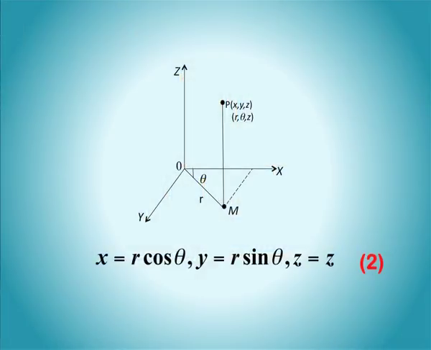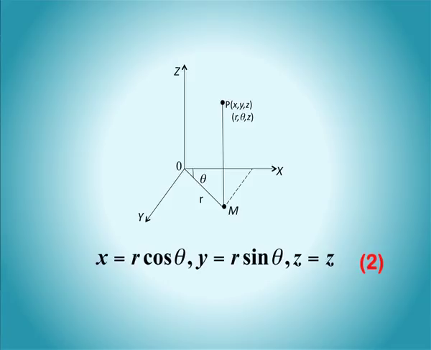P is a point x, y, z, as shown in this diagram, the 3 Cartesian coordinates. Now in the notation r, theta, z, r is the distance between O and M, and theta is the angle as shown, XOM is theta. The line from M to OX will be parallel to OY and perpendicular to OX.